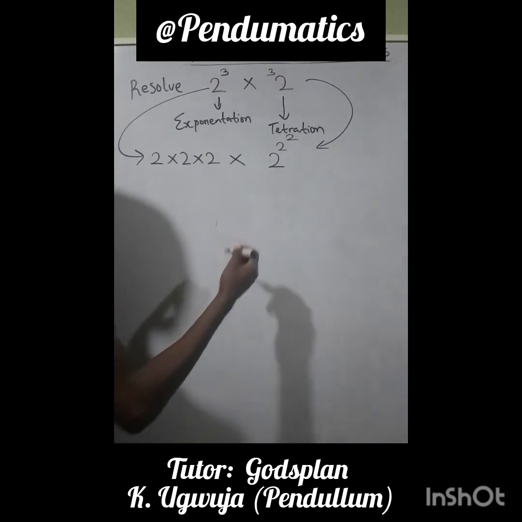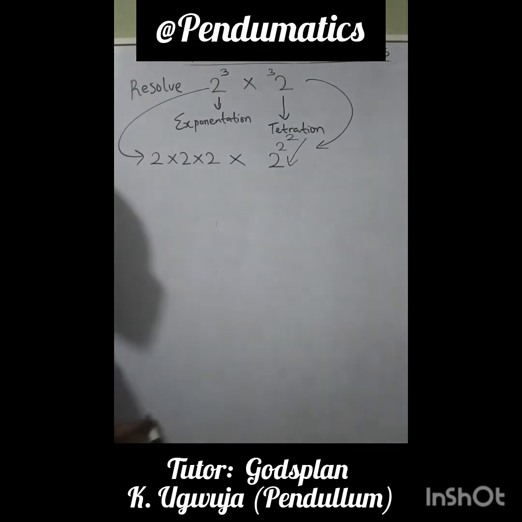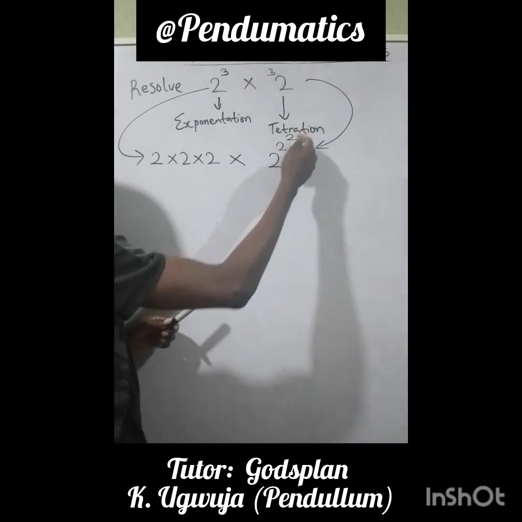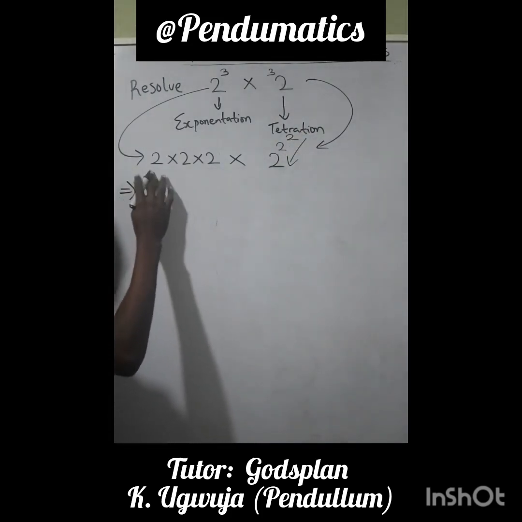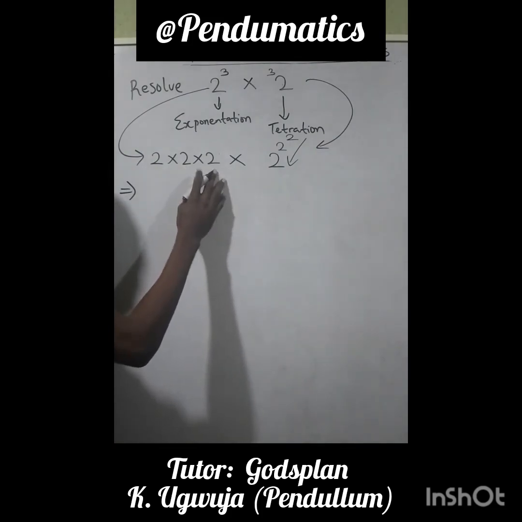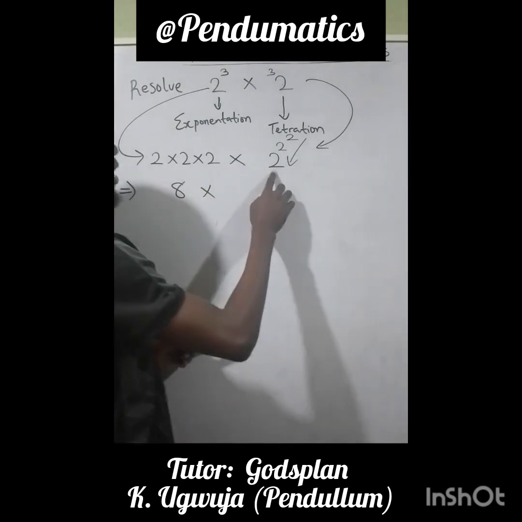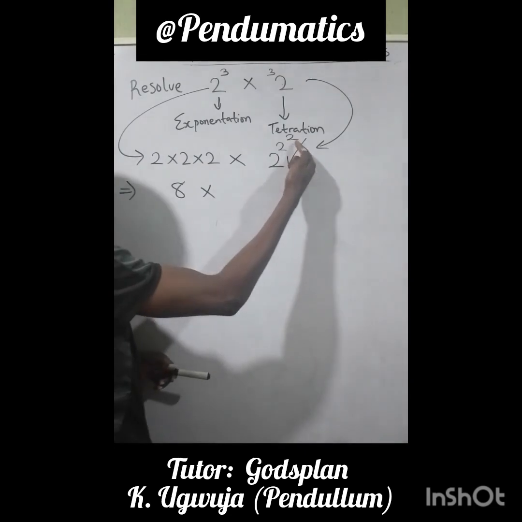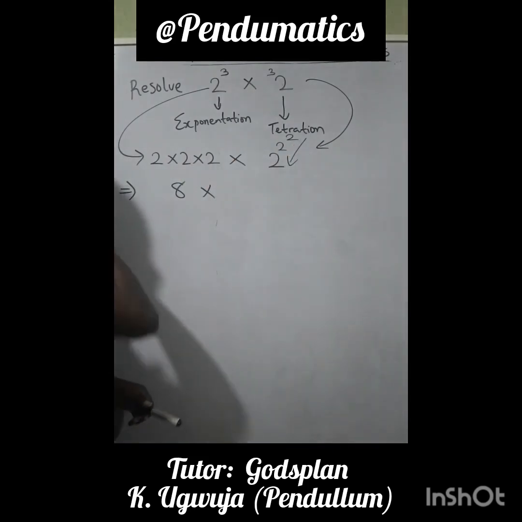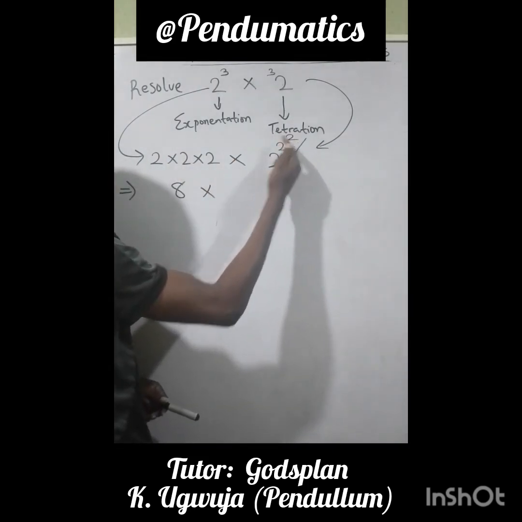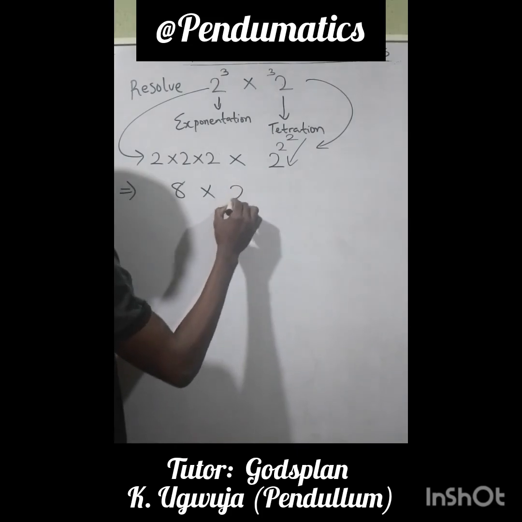Then what you need to understand is that when you're resolving tetration, you resolve it downwards, from up to down. So the first thing we have is 2 raised to power 2, which is 4. The base 2 is still here.